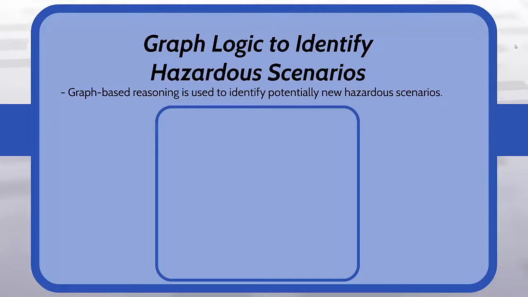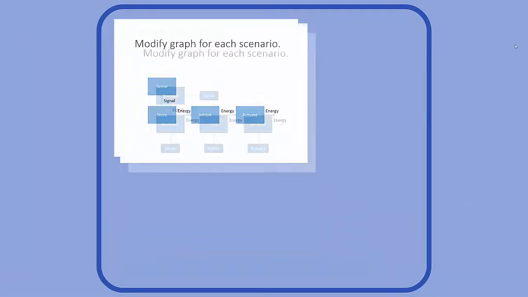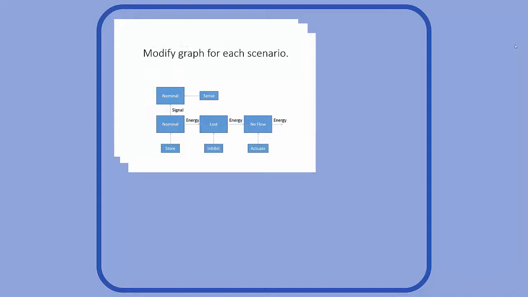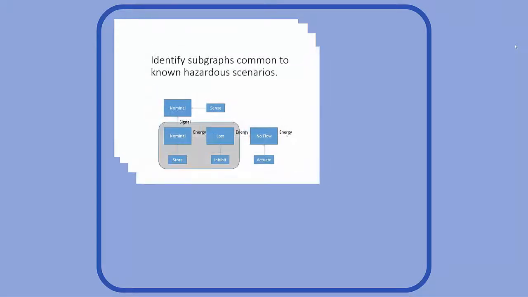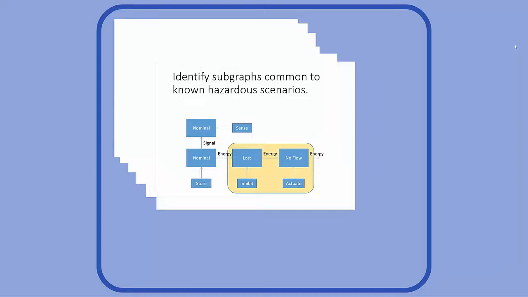Here's where we start to use more complex graph reasoning methods to identify the probability that a scenario is important to the designer, specifically if it looks similar to known hazardous states. We begin by converting the end state of the function into a graph, and then modify that graph to enable a similarity comparison. We identify subgraphs that tend to exist in known hazardous scenarios.